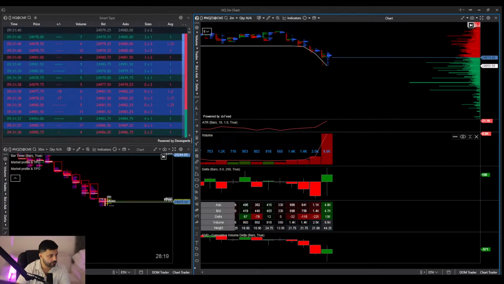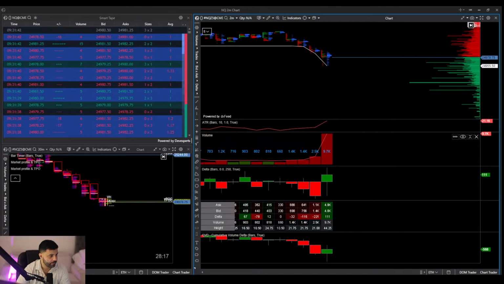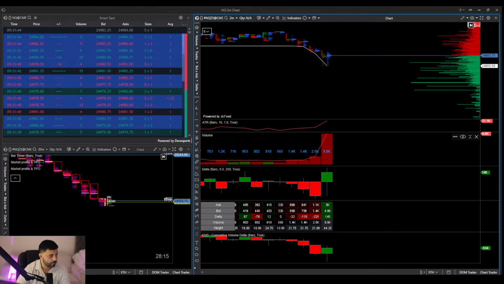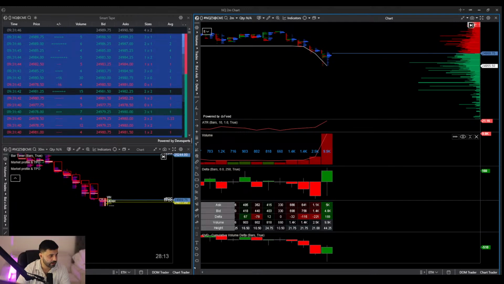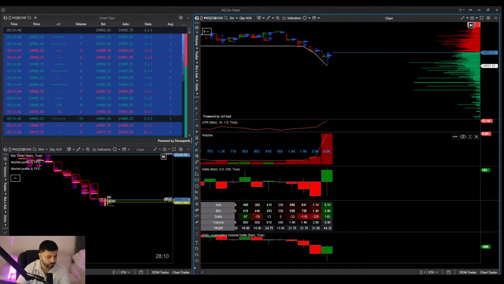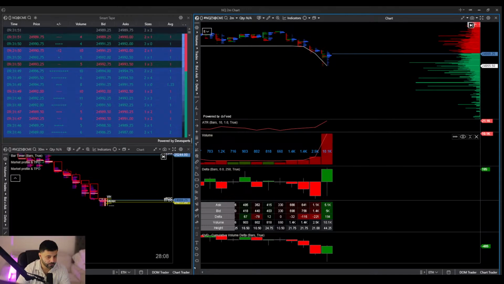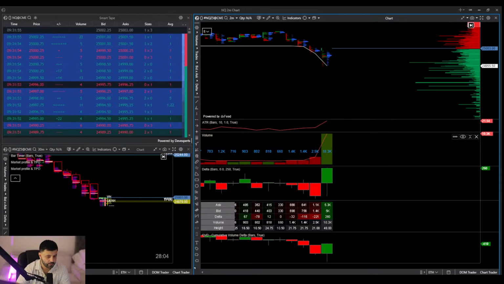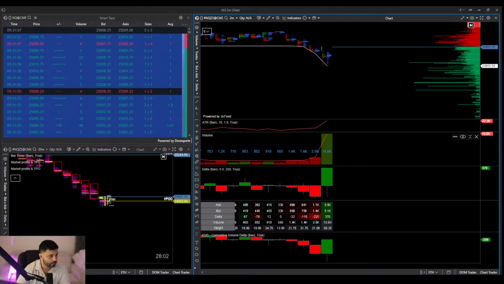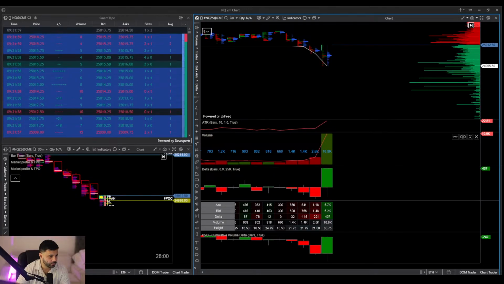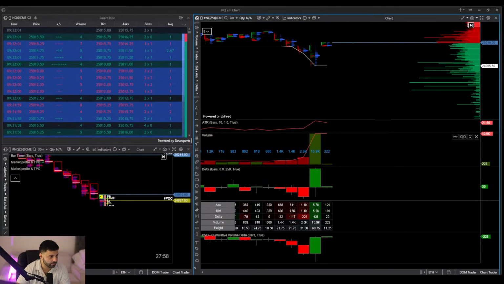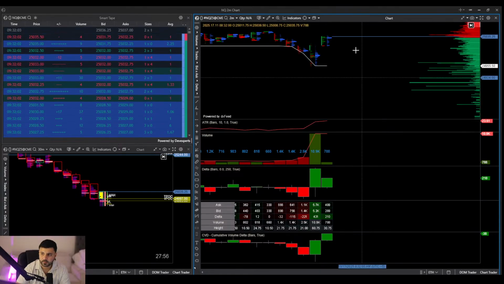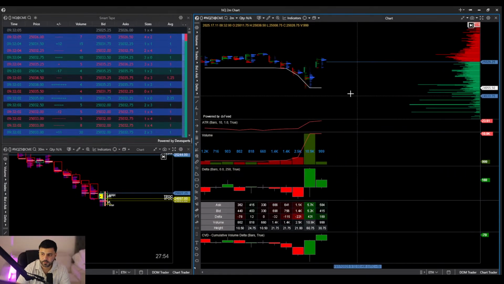Bulls are trying to step in here. Man, I'm thinking they kind of have to defend this level, because if we go too deep into here, that's going to be so bearish. Right, they are bringing this higher.